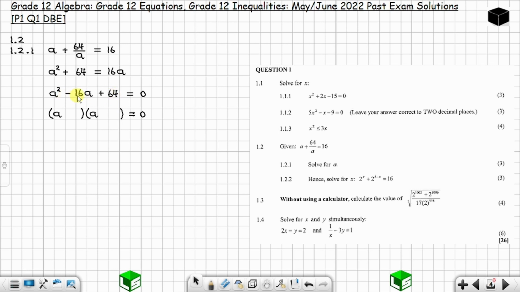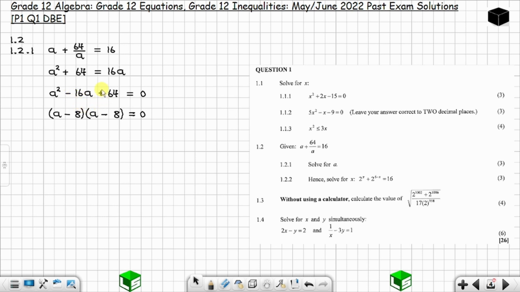Negative 16. So you know that 8 times 8 is 64. And from 8 and 8, you can get negative 16. If you have negative 8, you are going to get negative 16. So you have 8 and 8, right? 8 times 8 is 64. Now you have minus there and minus there. You know that minus 8 will give you minus 16. Okay?